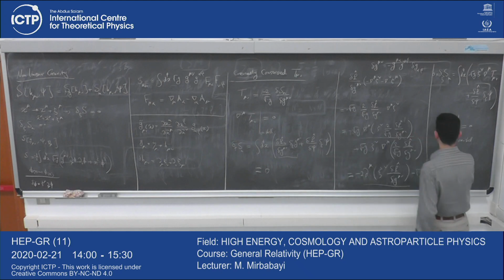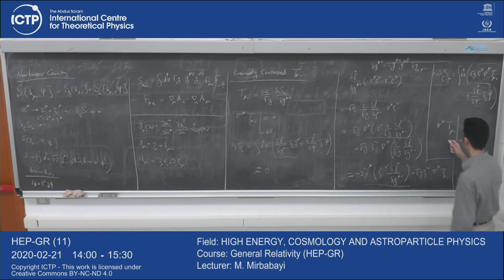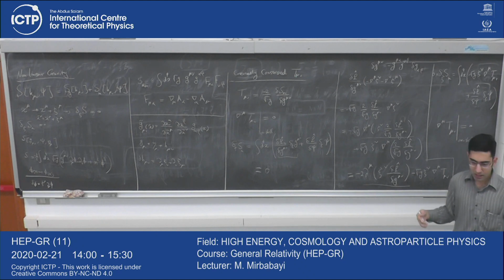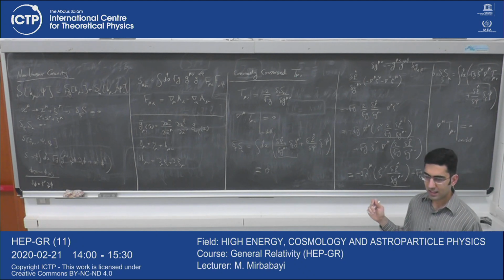The covariant derivative becomes just the ordinary derivative, and we have obtained a symmetric tensor which is ordinarily conserved. So it's a valid energy momentum tensor for the system.